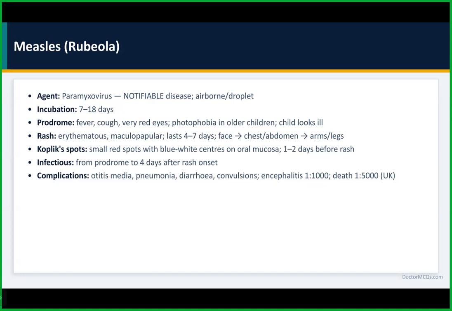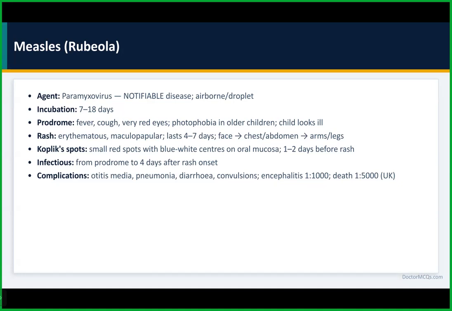The rash is erythematous and maculopapular, lasts 4 to 7 days, starts from the face, going down to the chest and abdomen, then the arms and legs. So it's a kind of peripheral distribution. Koplik spots are on the mucosa of the child against the second molar tooth, and they can come 1 to 2 days before the rash.